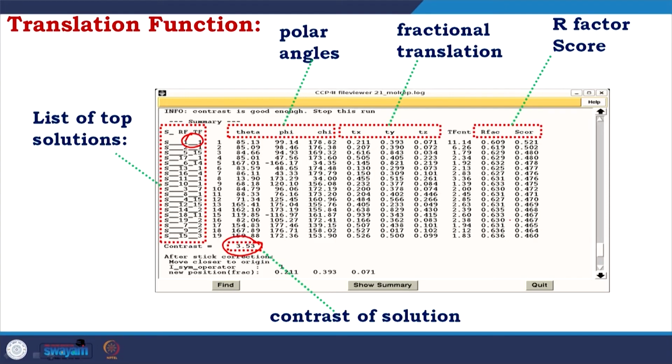The more refinement you do, the lower the R factor would be, and that is one of the very good estimations of how your refinement is going.